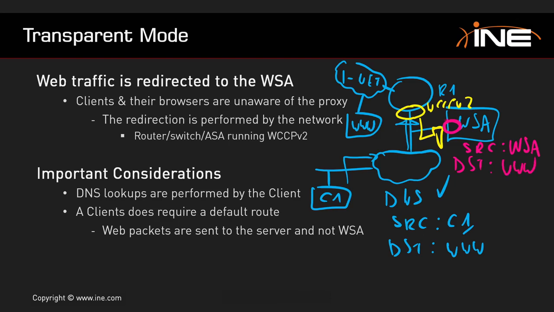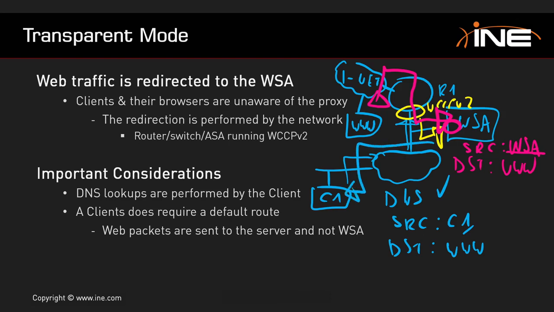So the packet leaves through router 1 once again, gets to the server, and then we get a reply which is sent to the proxy based on the request source, and WSA does the inspection, the translation, and replies back to the client.